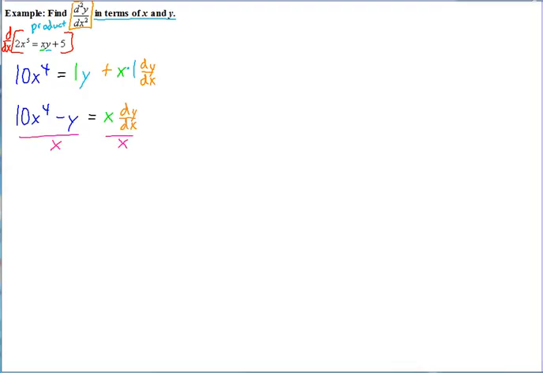So we get our first derivative. dy dx is 10x to the fourth minus y divided by x. So that's our first derivative.